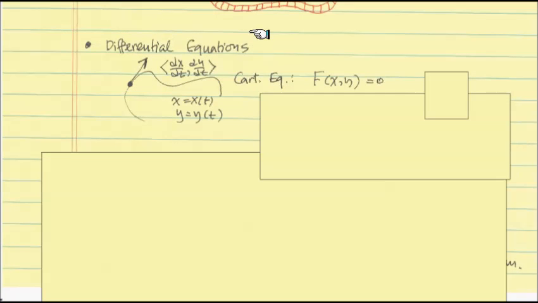So we are back in the context of differential equations. This is slightly more general than just a function y of x. We started with a Cartesian equation where there is no derivative in here. It's just the Cartesian coordinates x and y set equal to 0. Often we have this explicit version, which is elementary expressions in x and y.